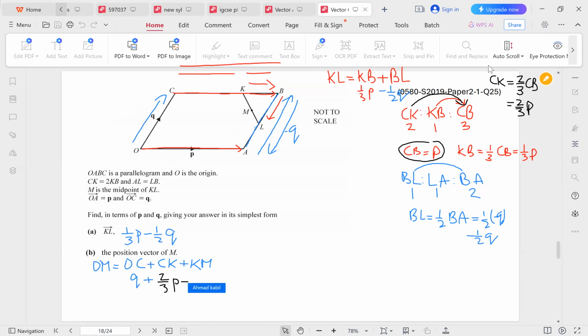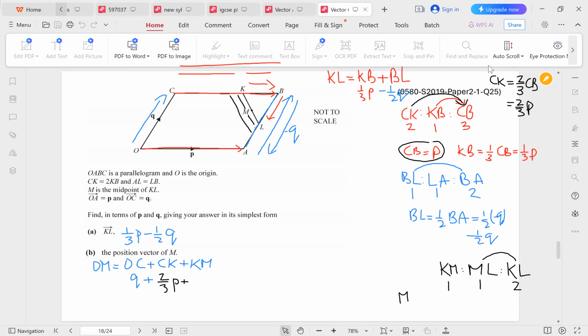Finally, we want to get KM. Now we already have KL and M is the midpoint. So let's draw the segments here. We have KM and ML and KL. So let's write down a third ratio here. We have KM, ML, and KL. And M is the midpoint, so these are equal, and the total, of course, would be 2. So if you want to compare ML to KL, we can say that ML, excuse me, I'm sorry, we want to compare KM to KL.